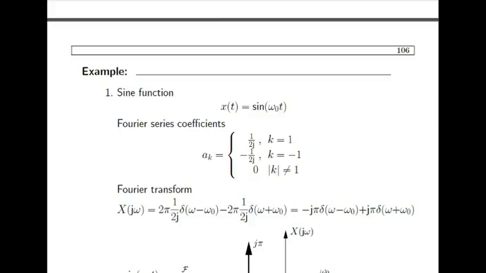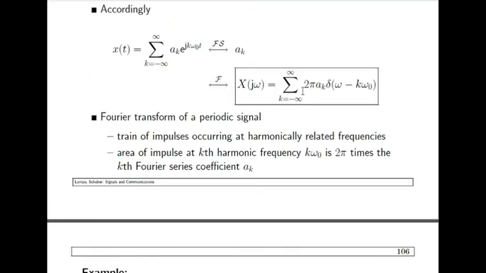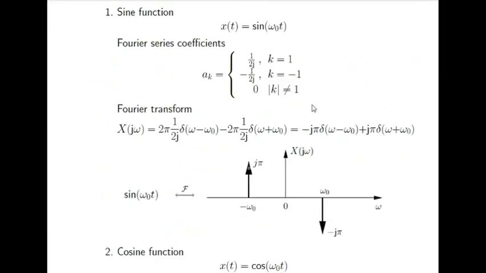By the summation formula I can write X(j omega) equals 2 pi a_1 delta(omega minus omega naught) plus 2 pi a_minus1 delta(omega plus omega naught). Putting in these values we get the Fourier transform for sine omega naught t, and I can plot its graph.